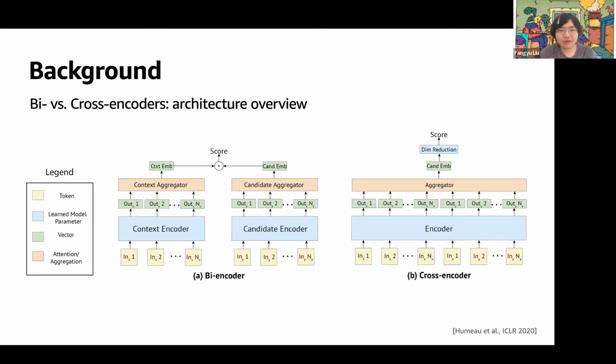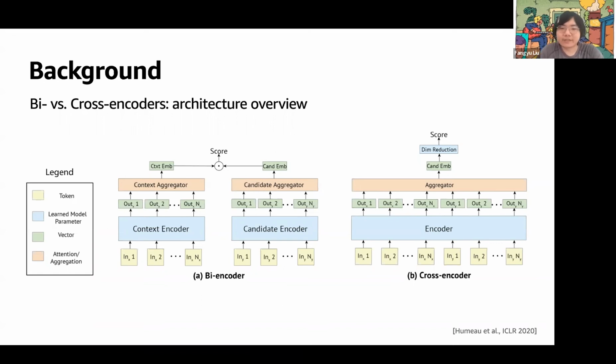In a bi-encoder, given a sentence pair, we input the two sentences separately to the model, and we get two embeddings. We compute their similarity in the embedding space. That's pretty straightforward. But in a cross-encoder, differently, we concatenate the two sequences, input them to the model at once, and we get one embedding. Then we apply a dimension reduction layer to map that embedding to a similarity score between the two sequences.